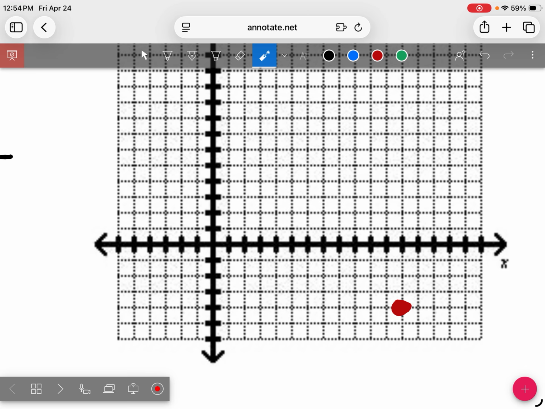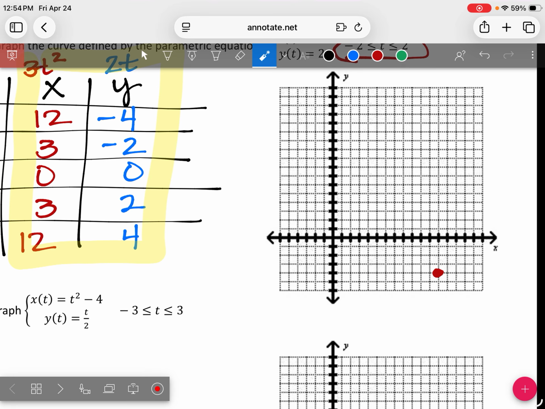Okay. My next point is what? 3, -2. 1, 2, 3, down 2, put a point. And then we have 0, 0. And then we have 3 up 2. And then I have 12 up 4. And you connect the curve.